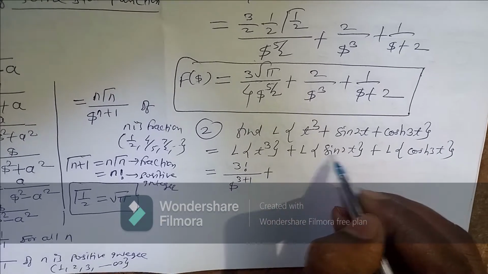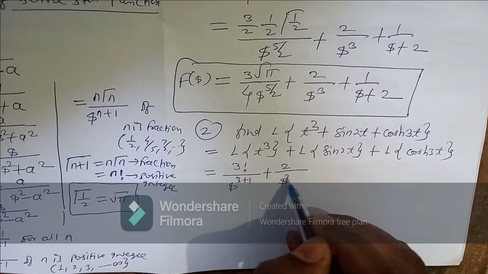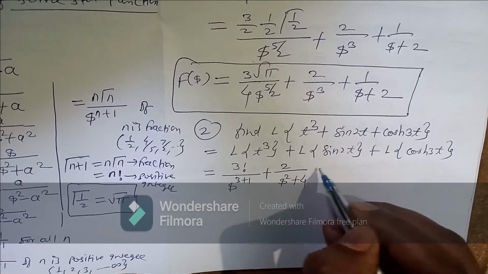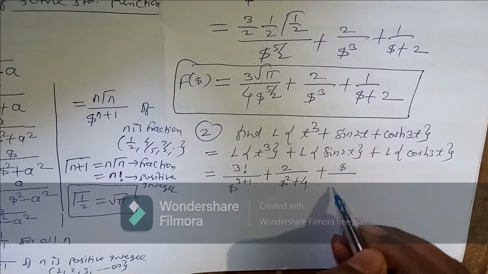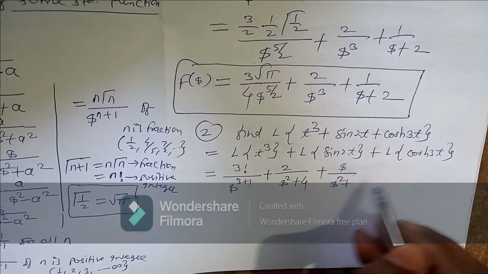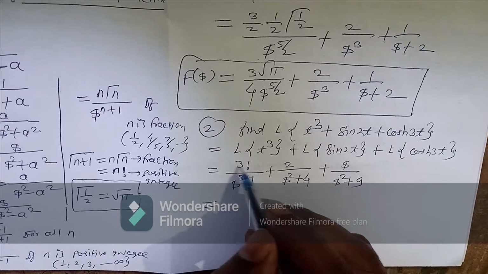Plus, what is the Laplace transform of sine 2t? That is 2 upon s square plus 4, plus Laplace transform of cos hyperbolic 3t is s upon s square plus 3 square, that is 9. And if you further simplify this, what is 3 factorial?